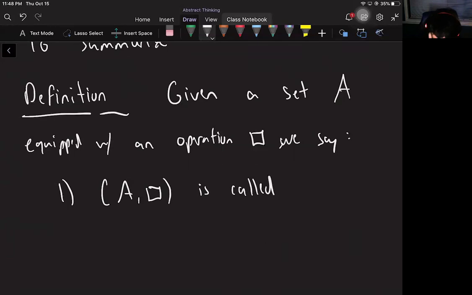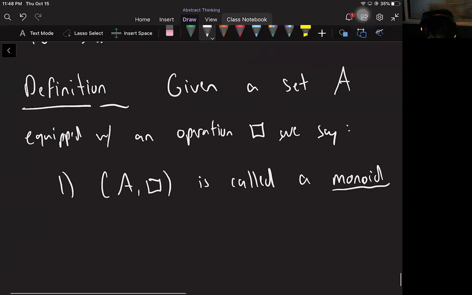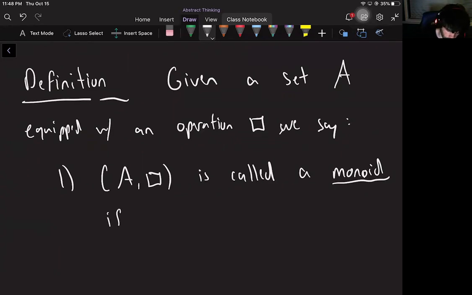So this is called a monoid. These are the fanciest words we're going to see in this class. It's called a monoid if, 1, the operation is associative.